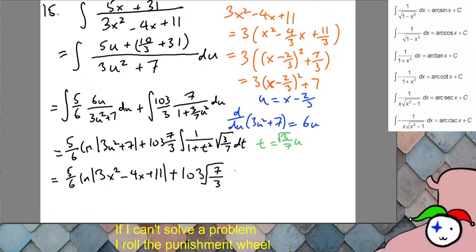And what is the 1 over 1 plus its arctan? Yeah. T, which is root 3 over 7 of x minus 2/3.